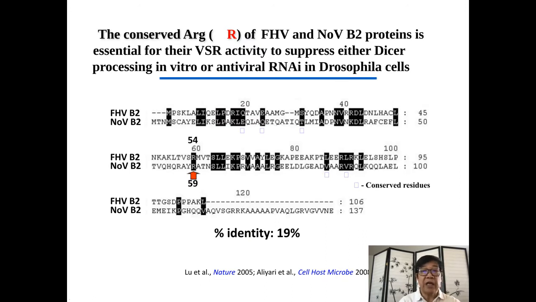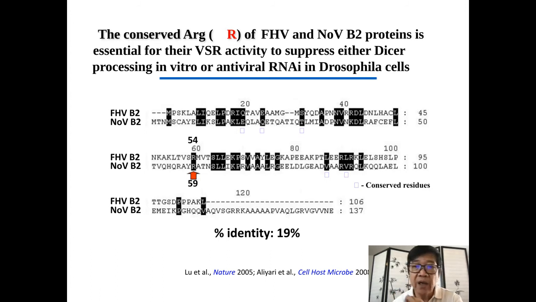And most importantly, we have shown that in spite of only 19% sequence identity between the 2 B2 proteins, the conserved arginine at position 54 and 59 of the Flock House virus and Nodamura virus B2 proteins, respectively, is essential for their VSR activity to suppress either Dicer processing in vitro or antiviral RNAi in Drosophila cells.